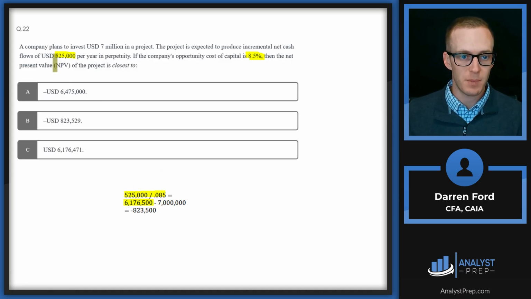From there, to calculate NPV, we just subtract out the initial investment of 7 million. So that tells us we have a negative NPV of 823,500. That's going to be closest to answer B. We're probably off a little because I rounded a little earlier than I should have maybe, but given that this answer is close and not close to any of these others, we'll stick with answer B.